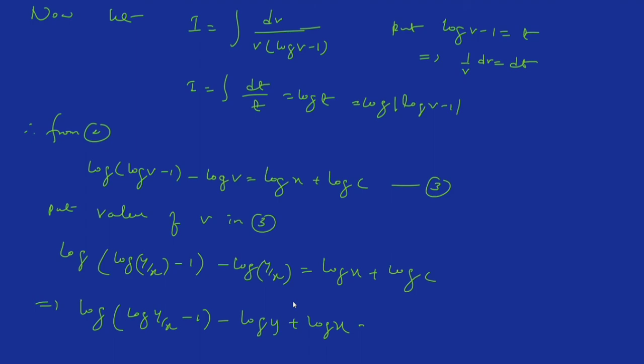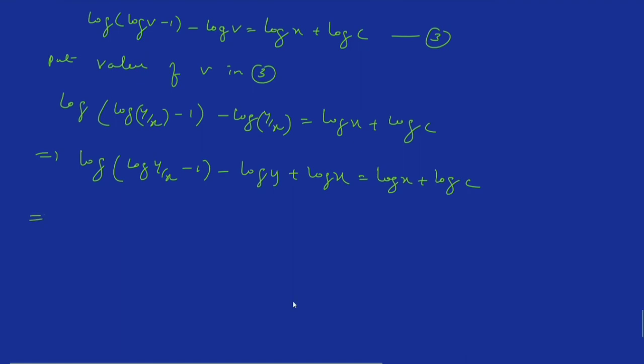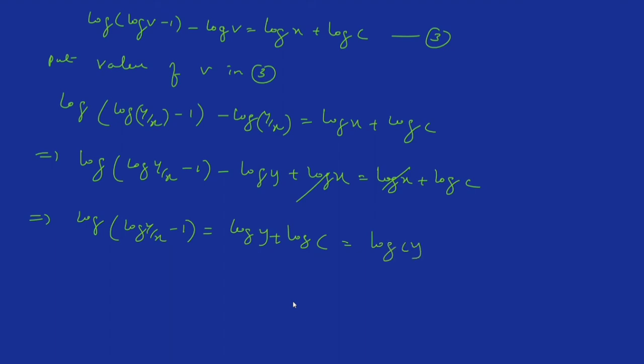Finally, log(log(y/x) minus 1) equals log y plus log c, because log x gets cancelled from LHS and RHS. So this equals log cy.